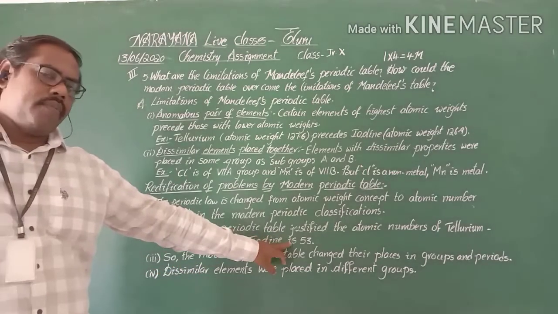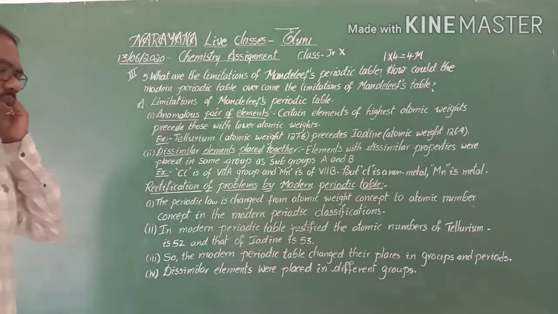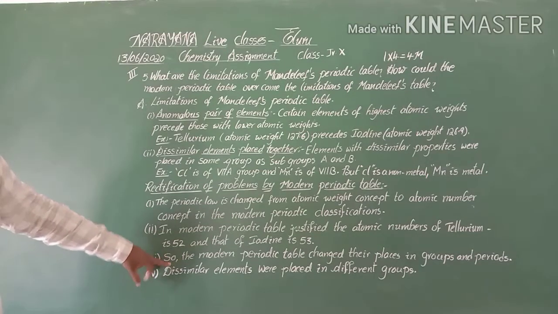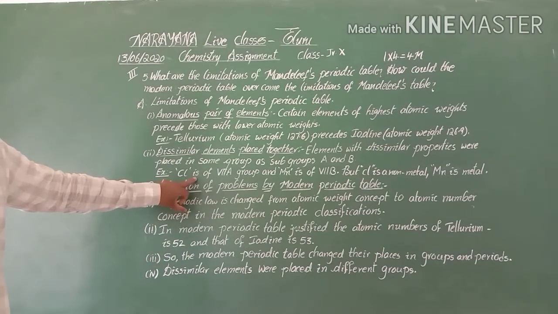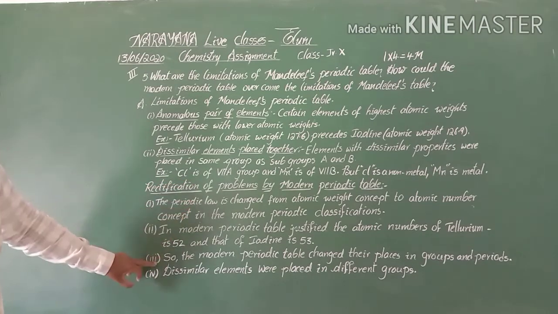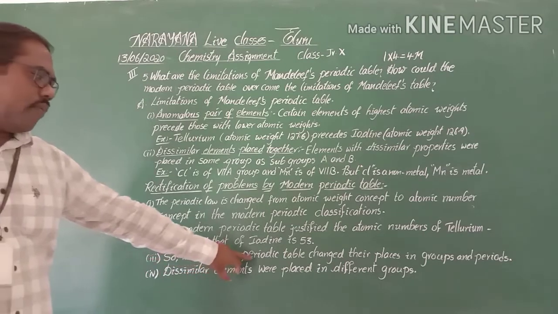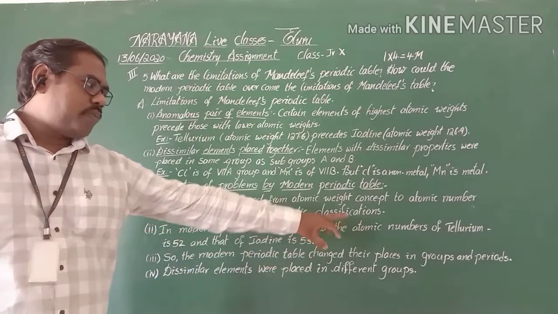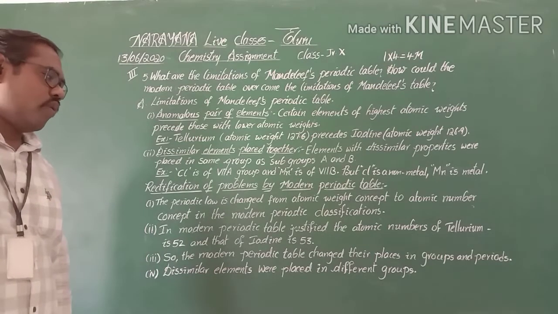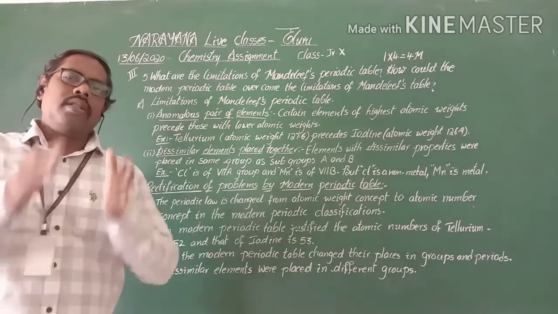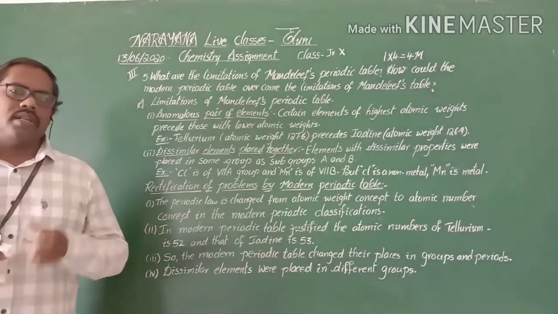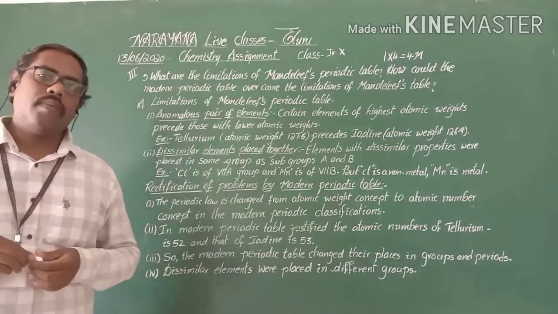So according to atomic number, this is correct. Next, dissimilar elements were placed in the same group, but this is rectified. How? The modern periodic table changed their places in the groups and periods. Dissimilar elements were placed in different groups. So in the modern periodic table, elements exhibiting the same properties are placed in a similar group. That's why this problem is also rectified.